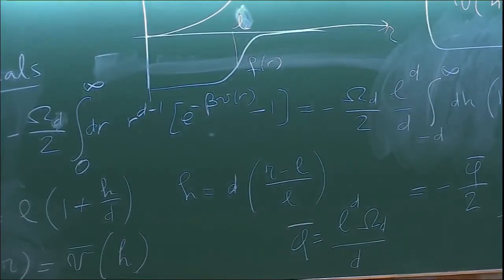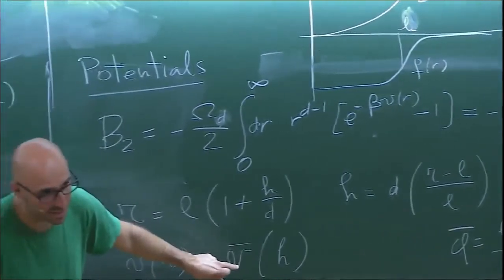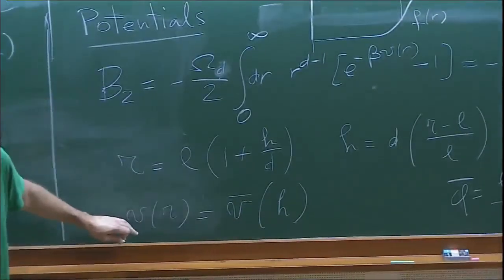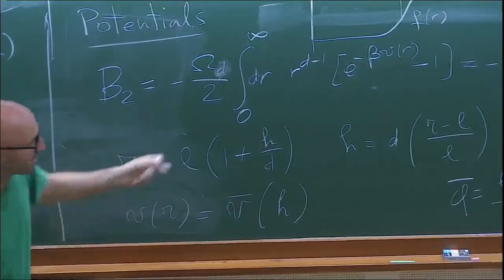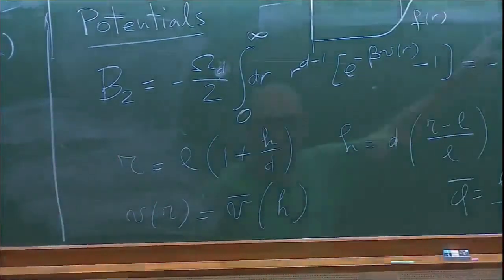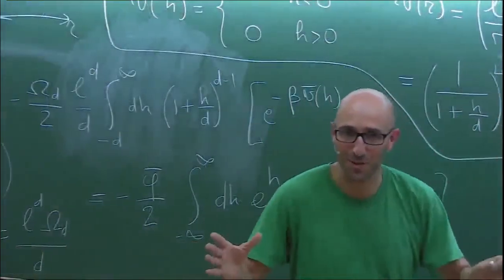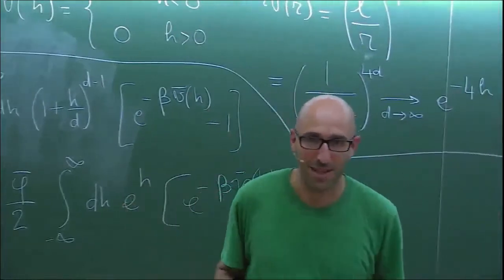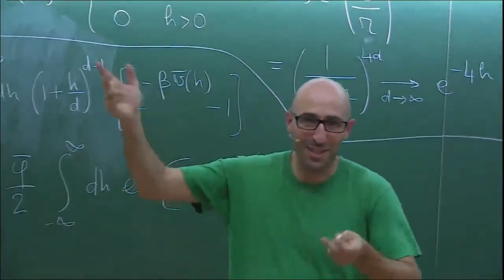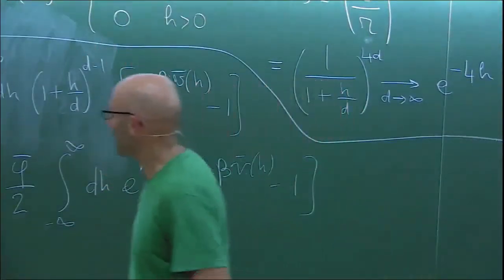I impose that V of R can be written as a function that is finite. So V of R depends on D in general, for example because there is this exponent that depends on D. It has to depend on D, because if I take 1 over R to the 12 and D is 100, everything is divergent.